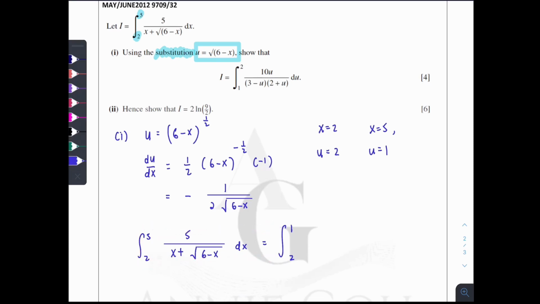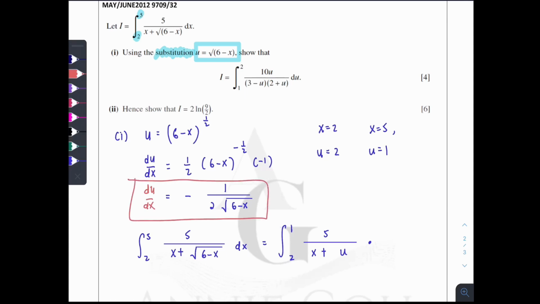And then what we need to substitute here: the 5 remains, and in the bottom part there's an x term, plus square root of 6 minus x, which is actually the u. So you can just substitute the u into here. As for the dx, you can change the dx over here. This is du/dx.